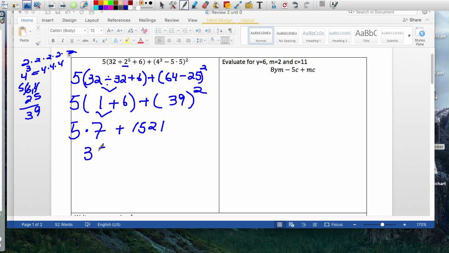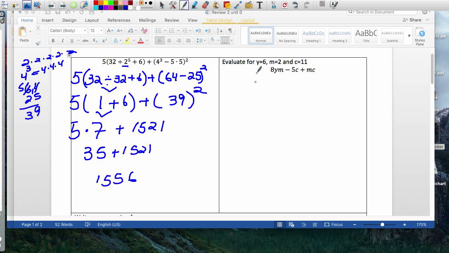It's 35. And then 1,521. So I get to add these two. And if you add those two, you get 1,556. Okay? So again, not that complicated. Just break it up into little parts and do them one at a time, and you should be fine.